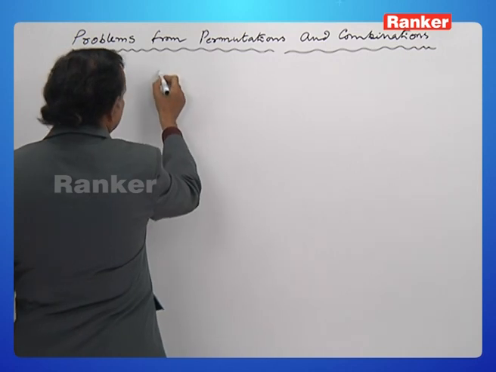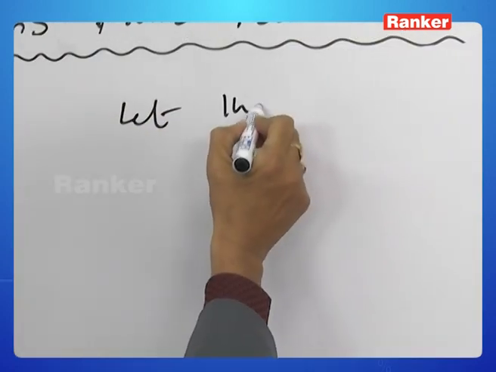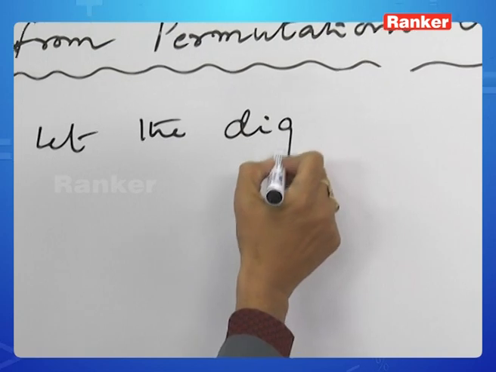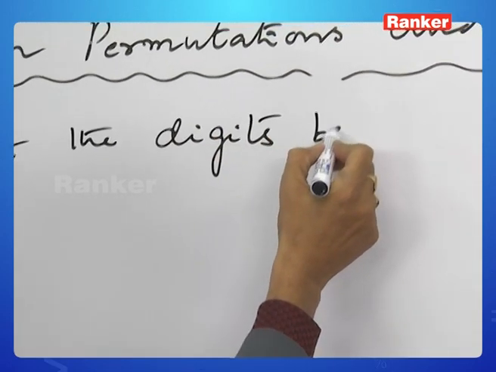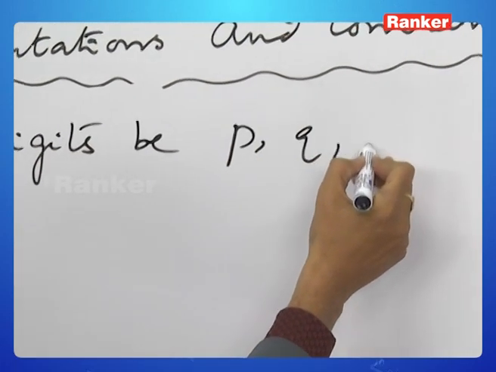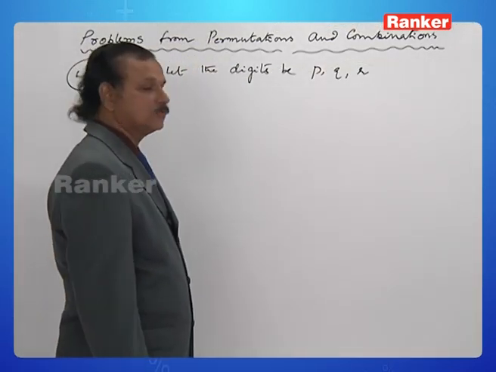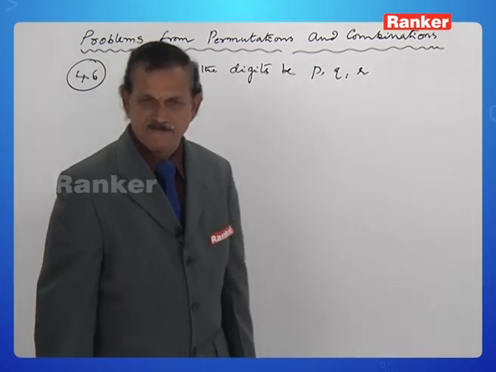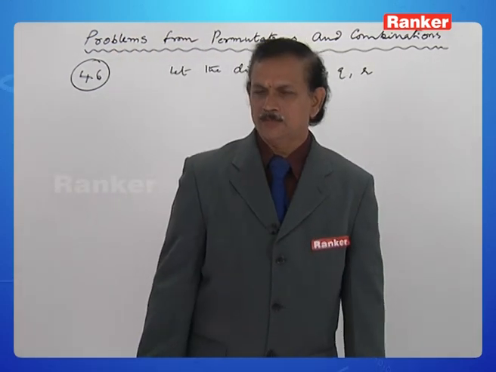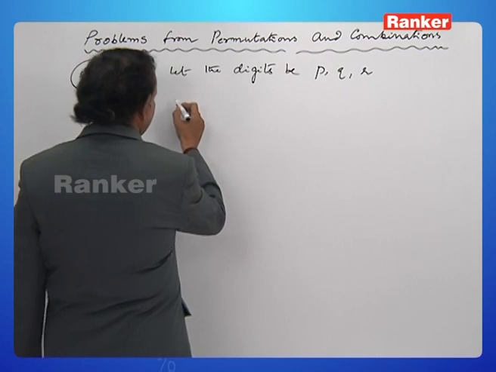Let the digits be P, Q, R. You are supposed to form 3-digit numbers. What is the condition given?